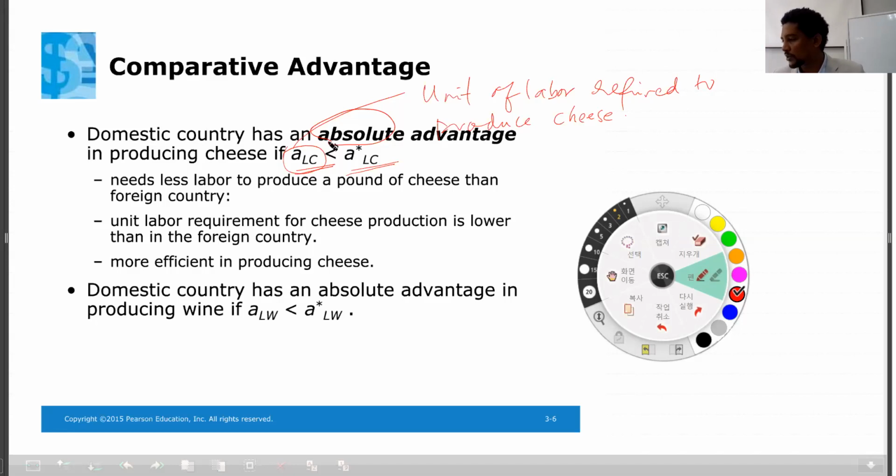That's why we use comparative advantage, where we compare the production of two or more products. Okay, so if the unit labor requirement for cheese production is lower than in the foreign country, then it is more efficient in producing cheese in the domestic market. So the domestic country has an absolute advantage in producing wine if the unit of labor required to produce wine in the domestic country is less than the unit of labor required to produce wine in a foreign country.